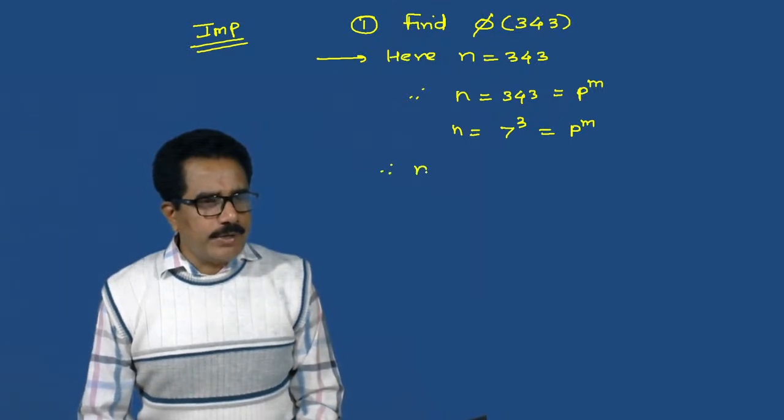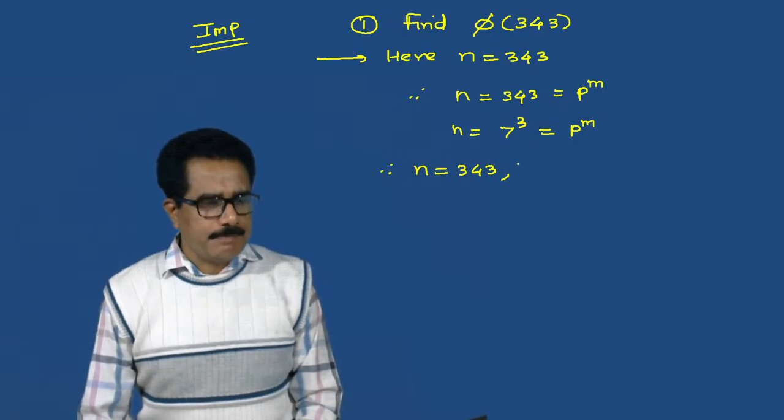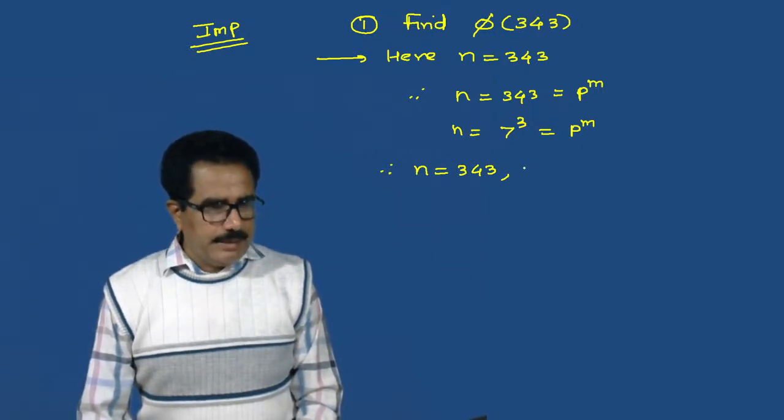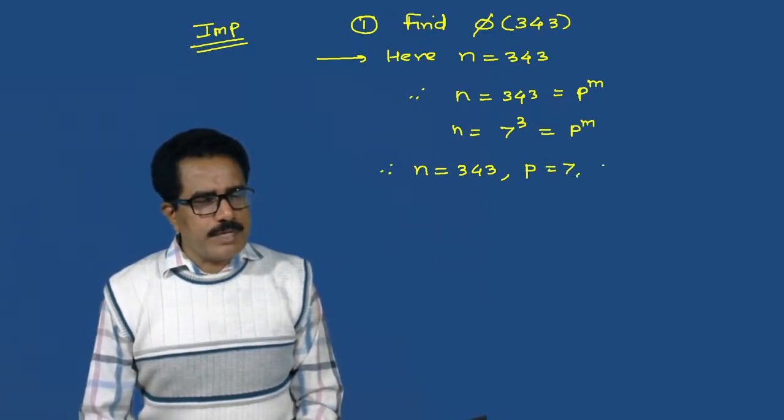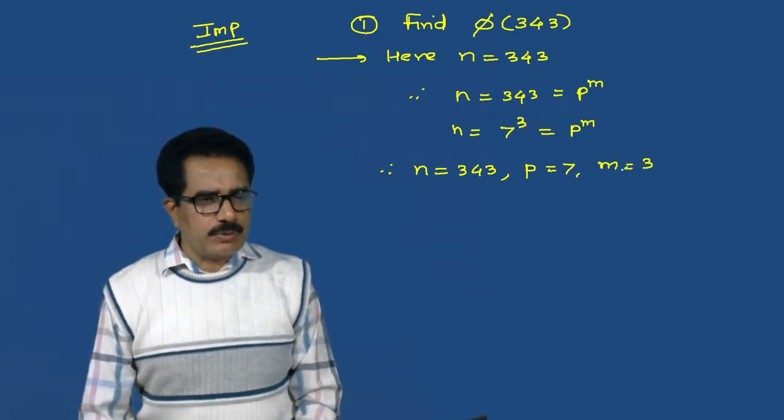So therefore n is equal to 343, p is equal to 7, m is equal to 3.